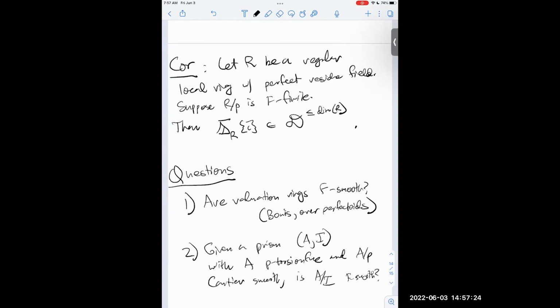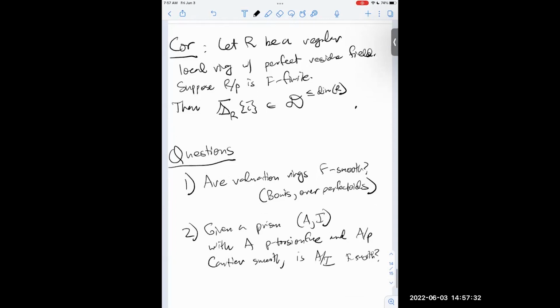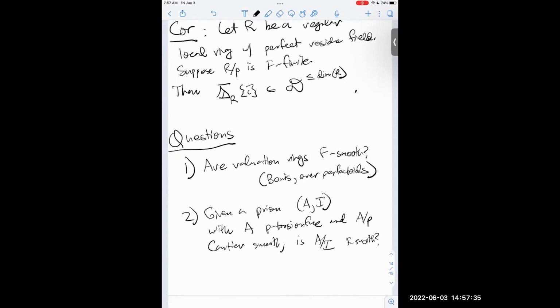So this feels like something that, for example, if you have a complete regular local ring, then this would be an example of this. And so potentially this would give a more direct proof that regular rings are F smooth. So maybe this will be possible, once also with a Stacky approach.